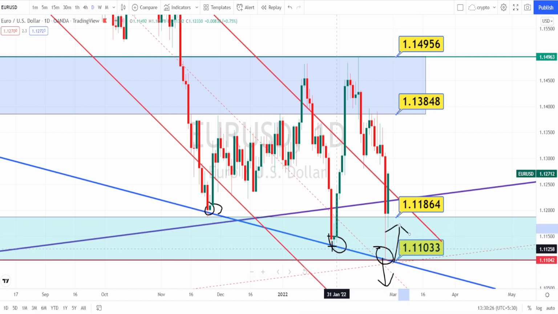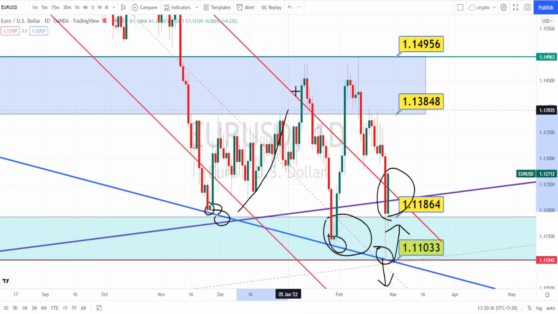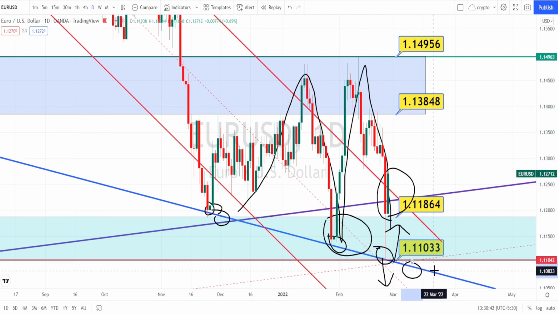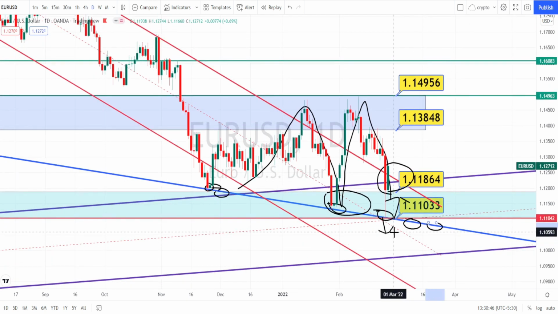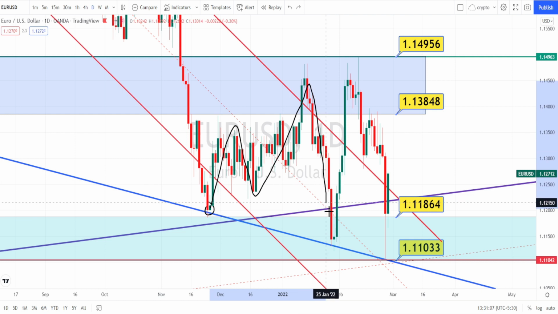But overall, the body of the candle has closed above this support level, so the price action is still trading in a range-bound market. Only when the price breaches this trend line can we expect a further fall on the bearish side. So the current price action in the daily time frame is still moving in a range-bound, sideways market.